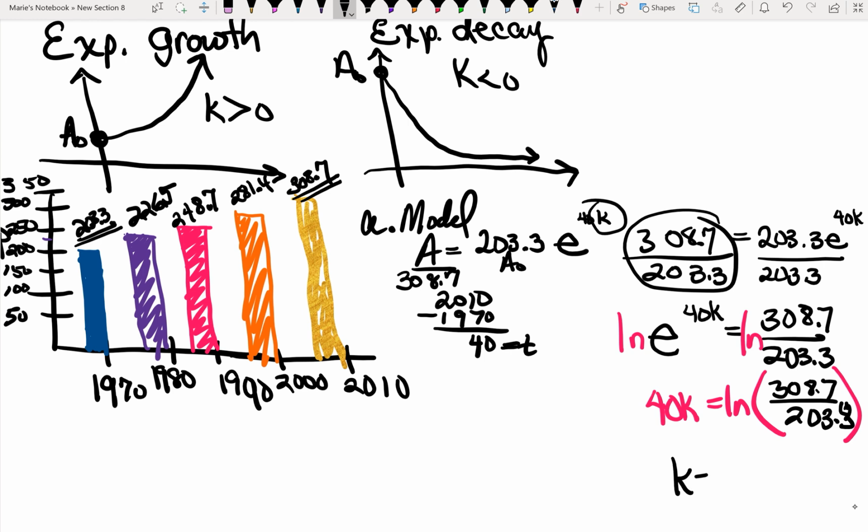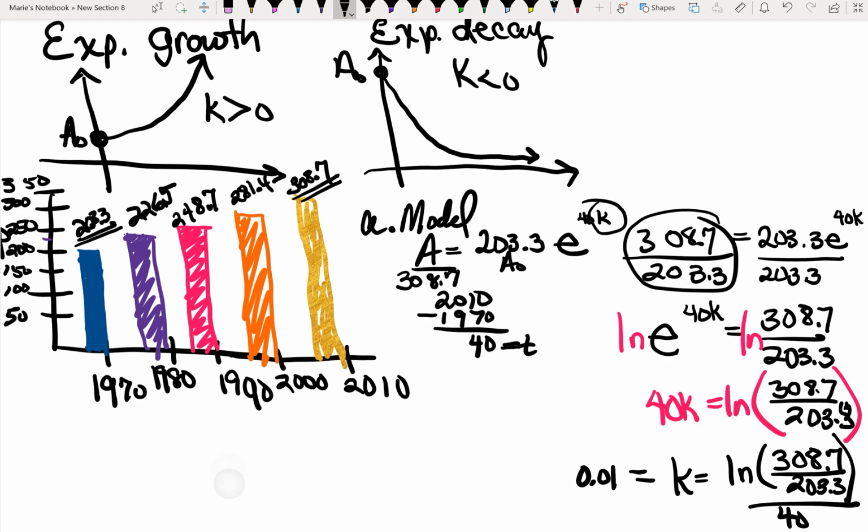So k is equal to the natural log of 308.7 divided by 203.3, and all of that divided by 40. Now if you use your calculators, take a moment, do natural log of 308.7 in parentheses divided by 203.3, and then hit enter and then divide that by 40, and you will get approximately 0.01 for k.